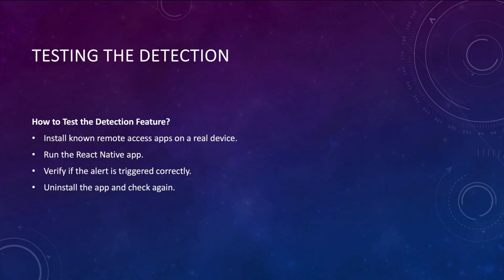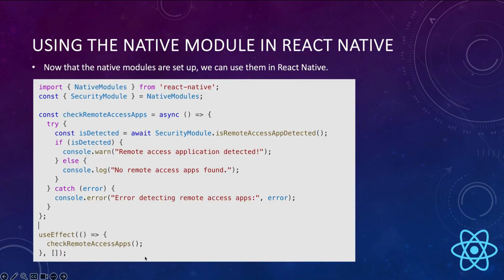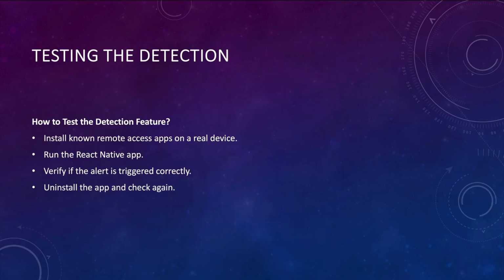This testing actually depends on your implementation logic and your business requirement. As this script executes, it will detect the application if it is installed, and then you can uninstall the app and verify whether this is triggering or not. So that way you can test this feature.